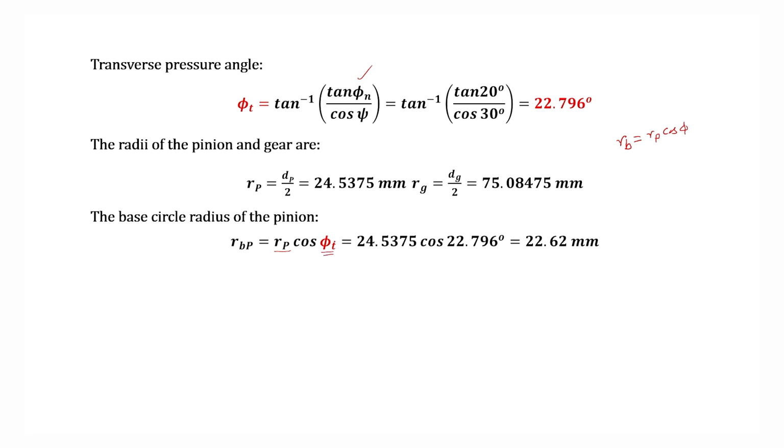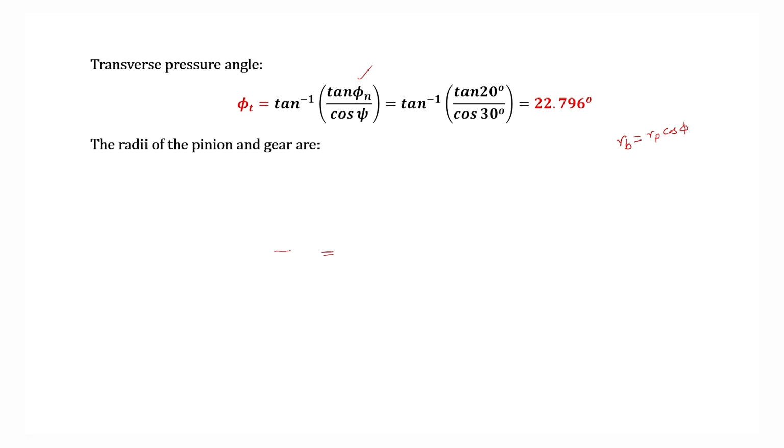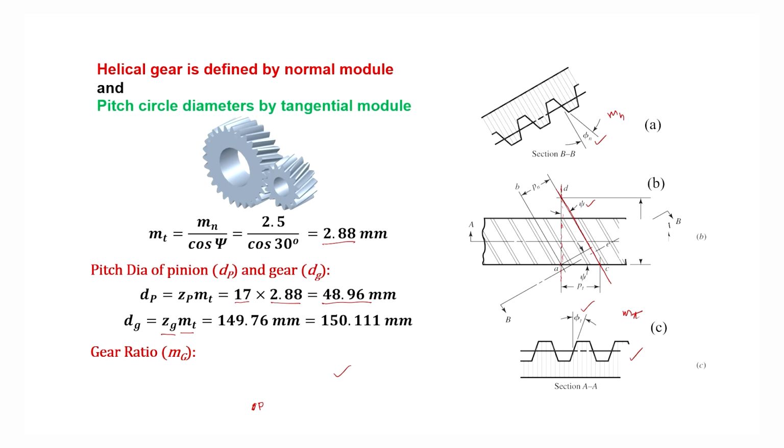In the case of helical gear, we are not taking the normal module to determine the pitch circle diameter and the base circle diameter. We are using the transverse module. That means the direction in which the gear was in the transverse direction along the AA section. Whatever MT we are getting, this will give you the pitch circle diameter and the base circle diameter.